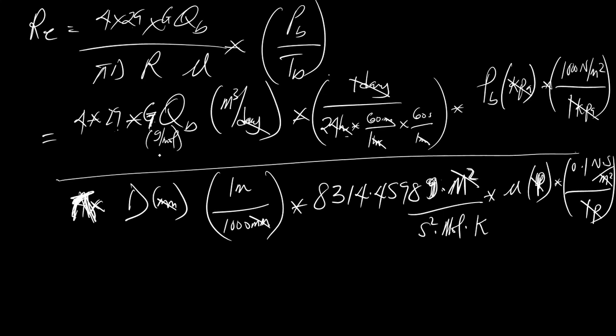So this gram per mole will cancel this gram per mole here. And 1 second here will cancel 1 second square here.